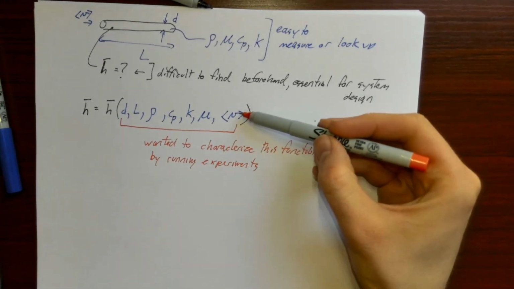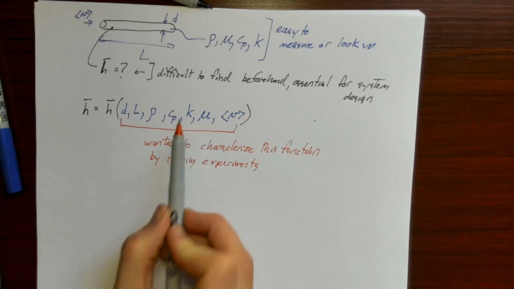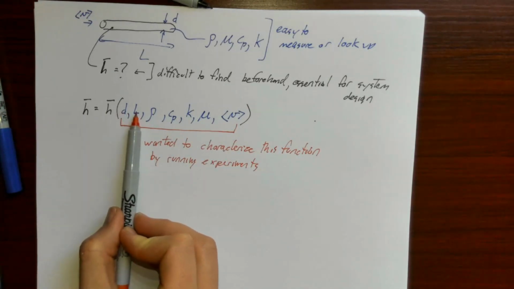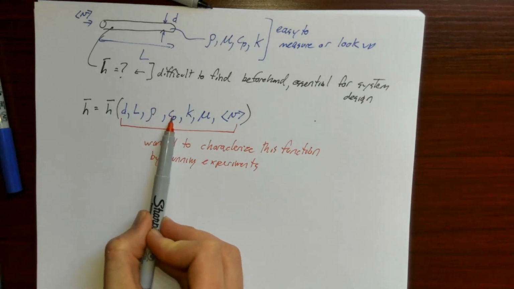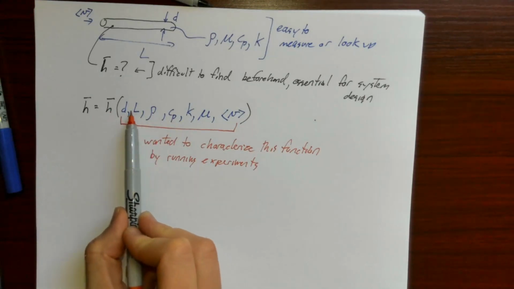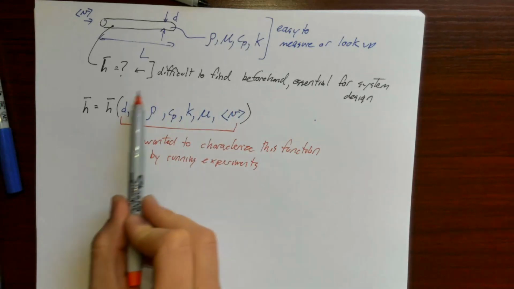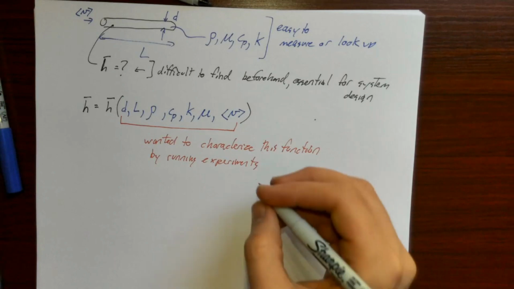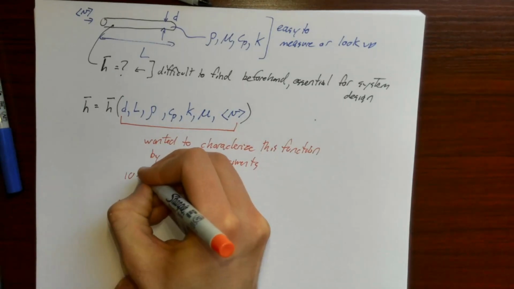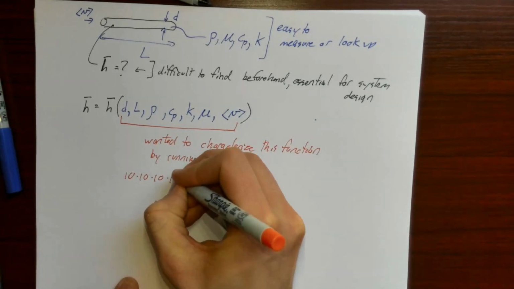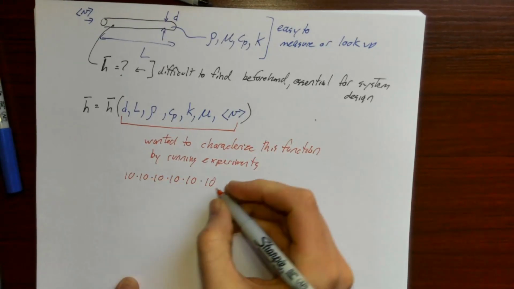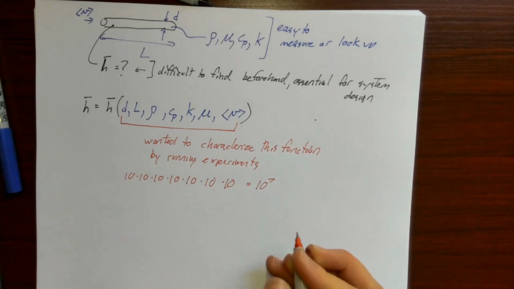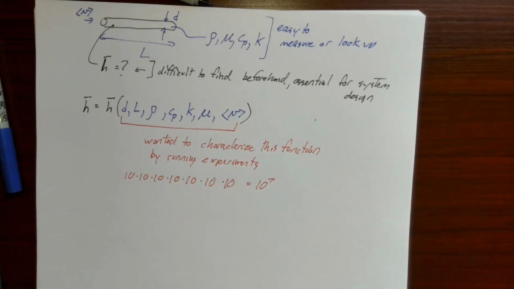And I might choose 10 different fluid velocities or 10 different viscosities or 10 different thermal conductivities, right? If I wanted to do all possible combinations of all 10 different values for tube diameter and length and density, etc., that would be 10 times 10 times 10 times 10 times 10 times 10 times 10 experiments, which would be 10 to the 7th, or 10 million experiments.